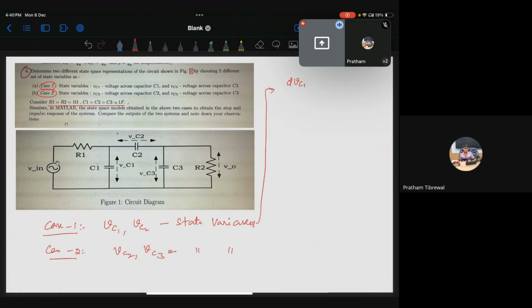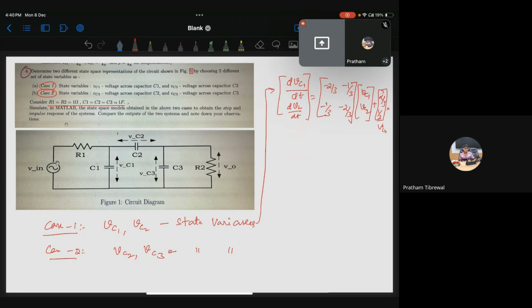You should be getting dVC1 by dt, dVC2 by dt, in the first case, as minus 2 by 3, minus 1 by 3, minus 1 by 3, minus 2 by 3, times VC1, VC2, plus 2 by 3, 1 by 3 times V in.